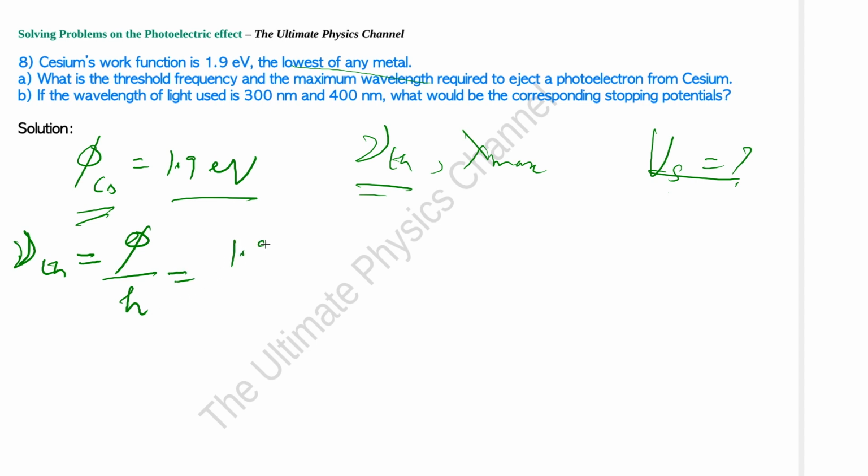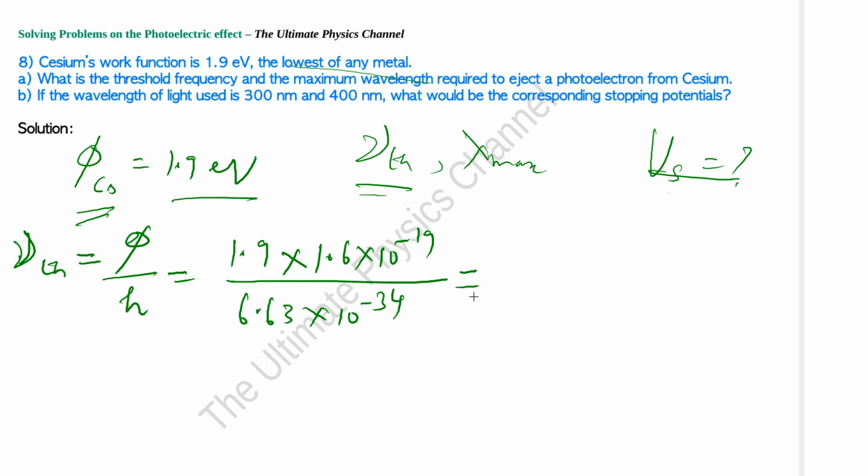That is 1.9 eV, or 1.9 into 1.6 into 10 power minus 19 joule, over 6.63 into 10 power minus 34. If you work out these numbers, you get 4.59 times 10 power 14 hertz.